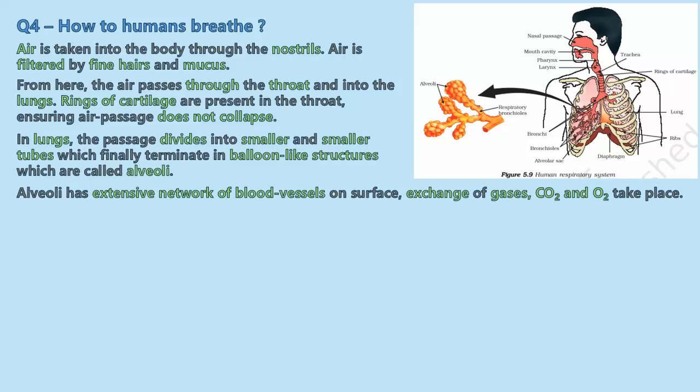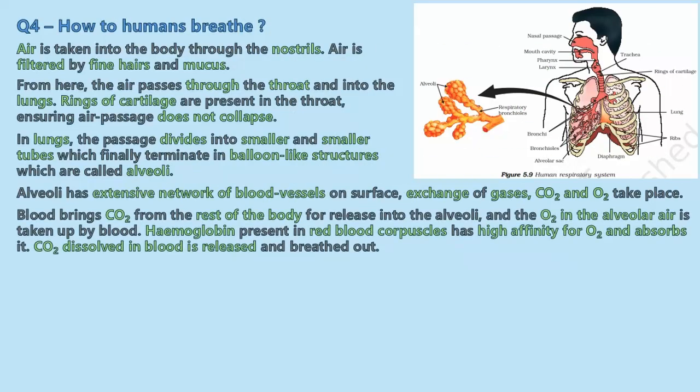So when we breathe in, we take in oxygen through the air, and when we breathe out, the CO2 which was in our body comes out mixed with air. So that's what we have said here. Blood brings CO2 from the rest of the body for release into alveoli, and the O2 in the air is taken up by the blood.